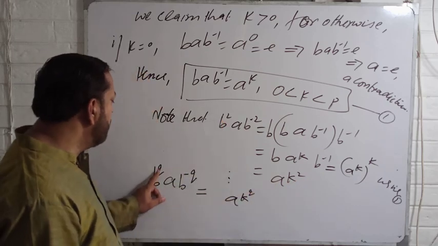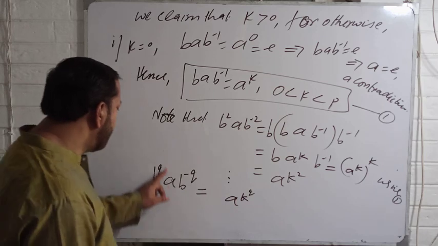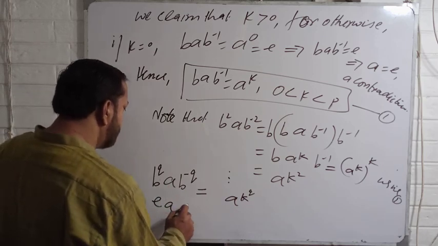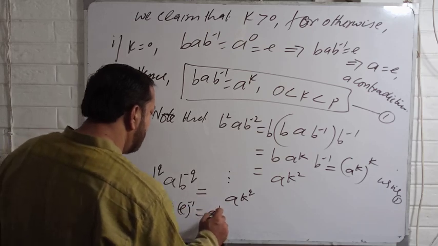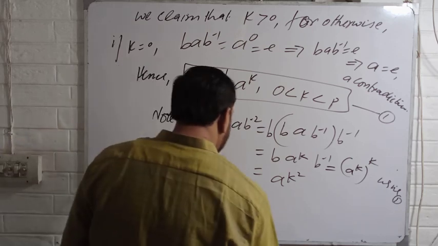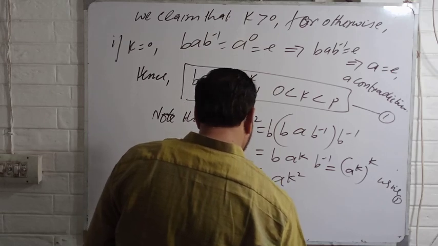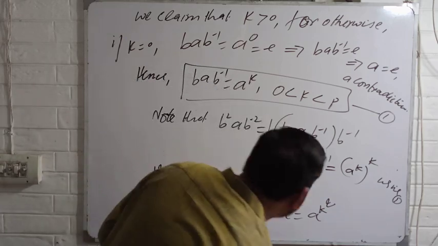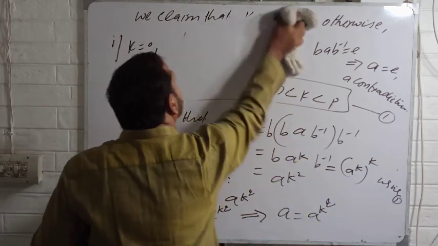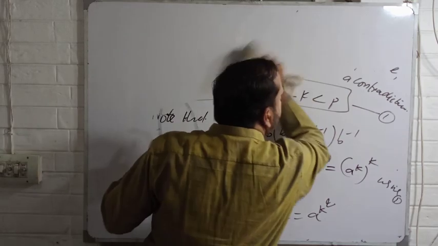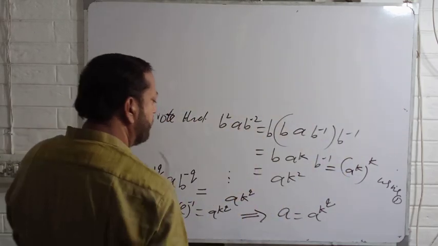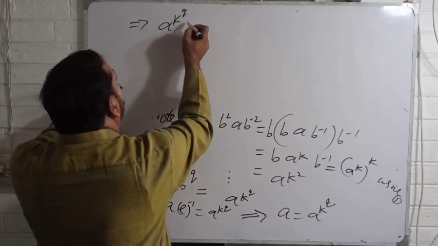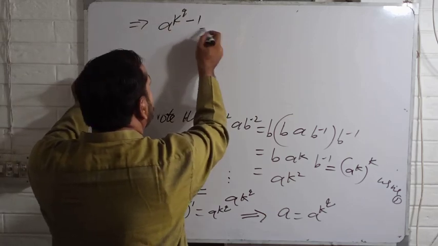If you take BQ, you will take K power Q. But what is this? This is E, A, E inverse, which is A power K power Q. So this implies A is equal to A power K power Q, right? This implies A power K power Q minus 1 is equal to 1.